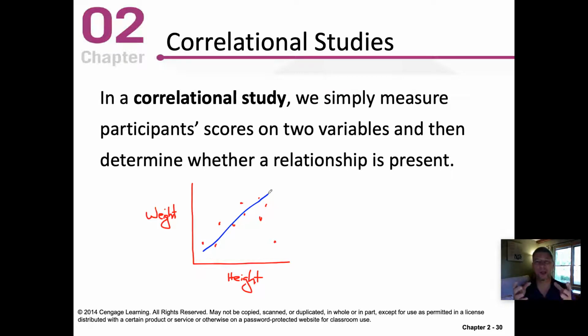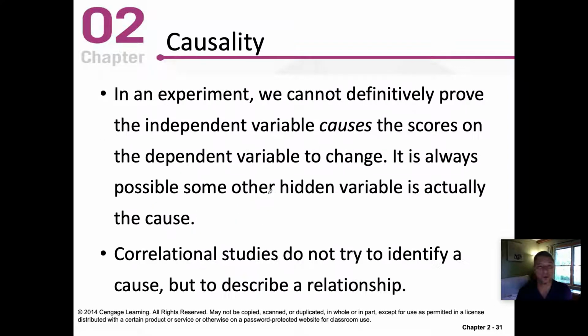Is there a trend? As X increases, does Y increase, decrease, or remain the same? Generally, in a height-weight comparison, we would expect that as height increased, weight would increase as well. Now, the real key to an experimental design is to try to determine causality.